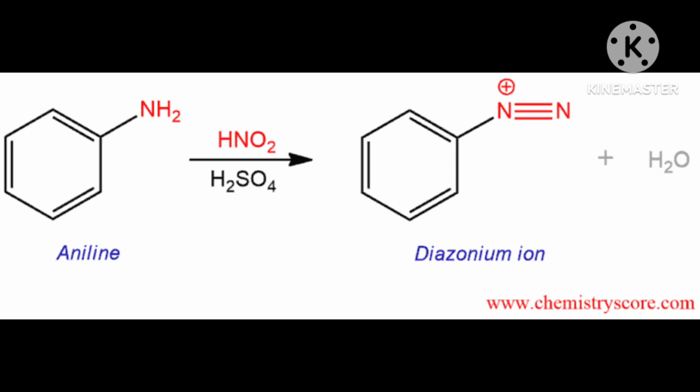When arene diazonium chloride, the diazonium salt, is treated with fluoroboric acid, meaning HBF4, arene diazonium fluoroborate is precipitated, which on heating decomposes to yield aryl fluoride.